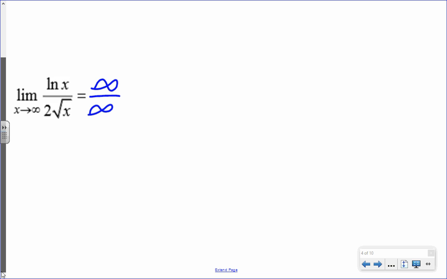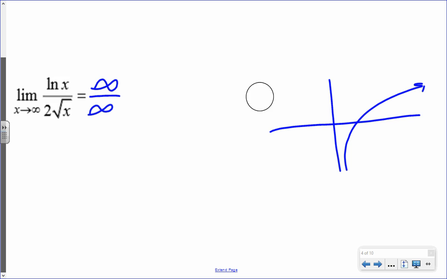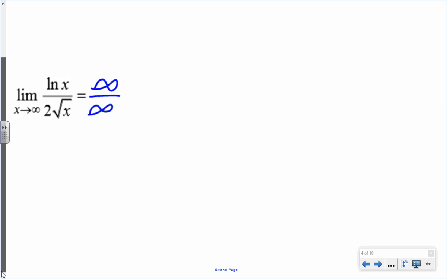Natural log looks like this. So to use L'Hopital's rule, the derivative of natural log is 1 over x, divided by the derivative of 2x to the 1/2.